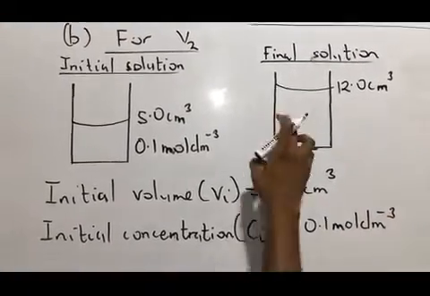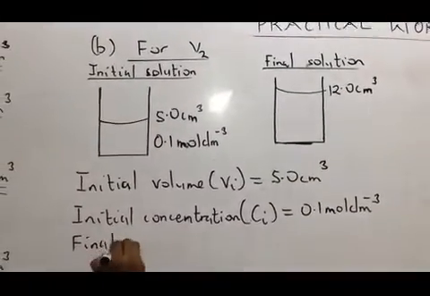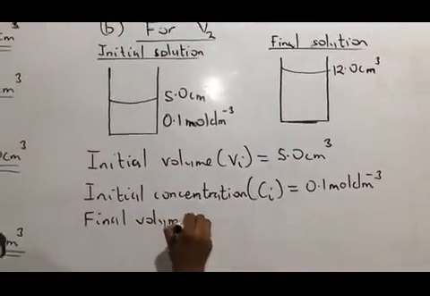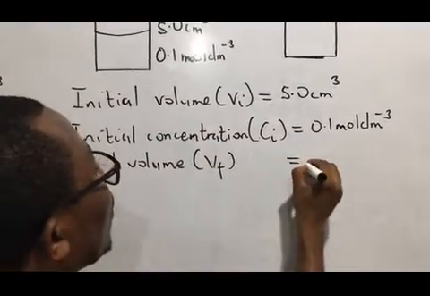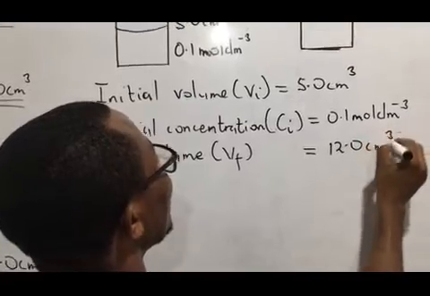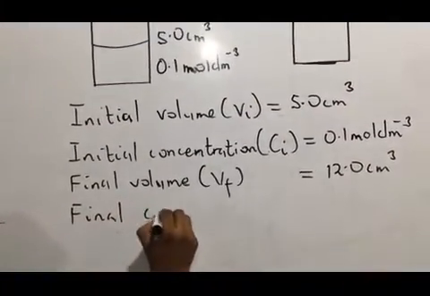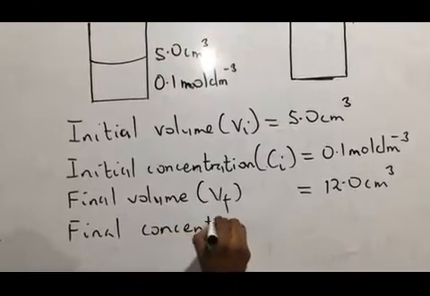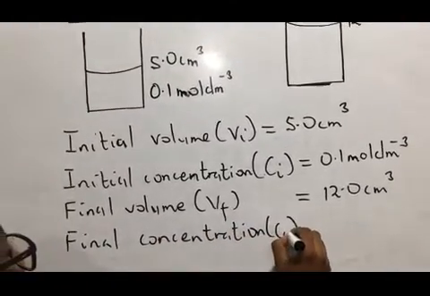And then over here we have the final volume to be 12.0 centimeter cube. And then we have been asked to find the final concentration. That's the CF.